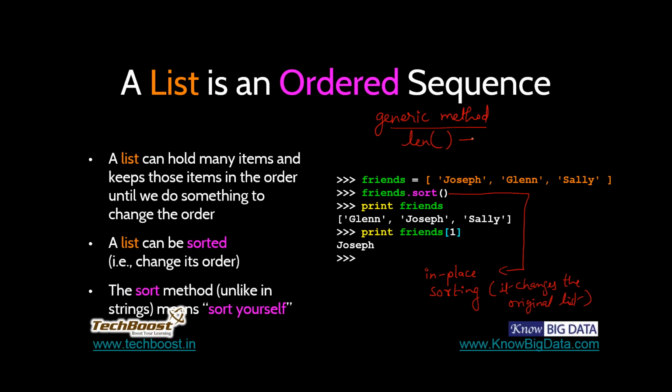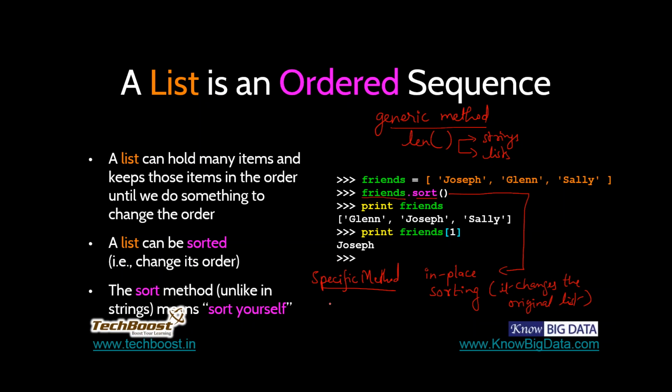It works for strings, it works for lists, and that is why I call it a generic method. A specific method is specific only to that data type, like sort. Sort is a method available only in the list object.